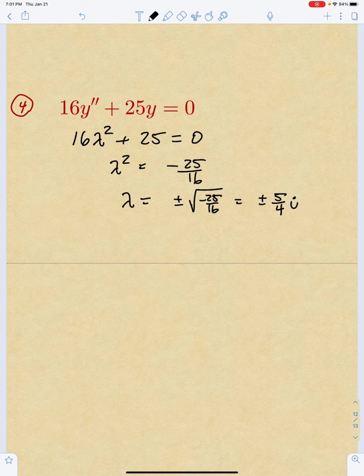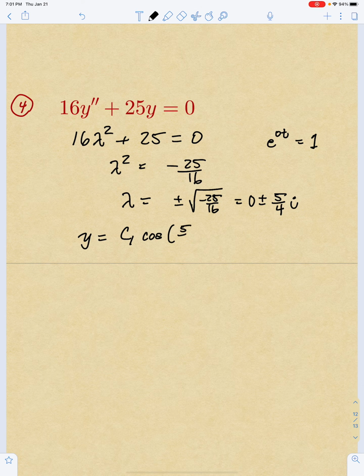So that means that since this is a complex solution again, and remember this is really 0 plus or minus 5/4 i, our exponential is of the form e to the 0t, which is just 1. So that means this solution is not going to have an exponential term in it. It's going to be straight up sine and cosine. So that means my general solution is y equals c1 cosine of 5/4 t plus c2 sine of 5/4 t.